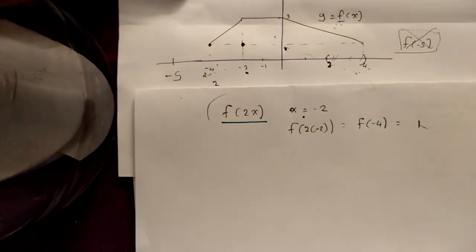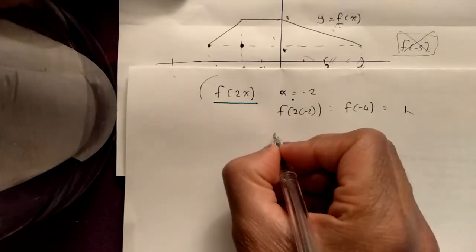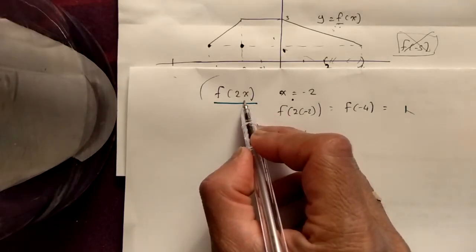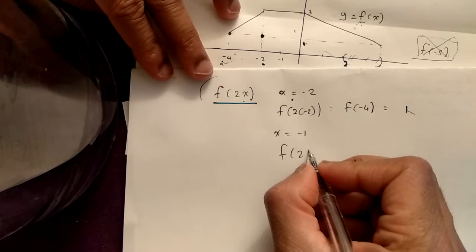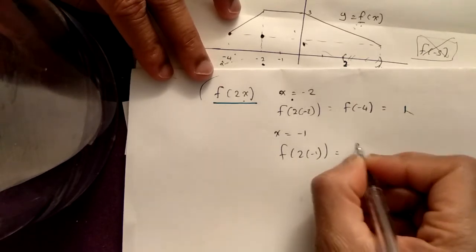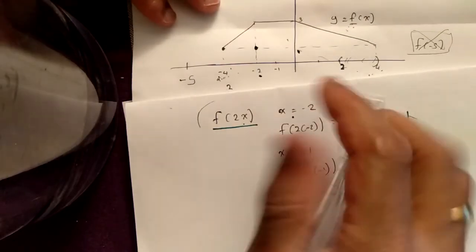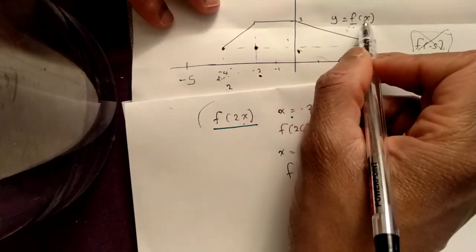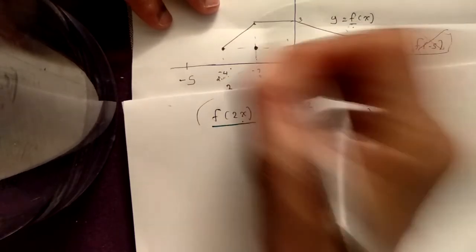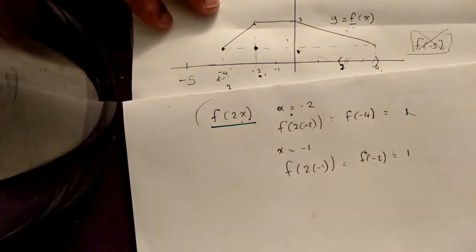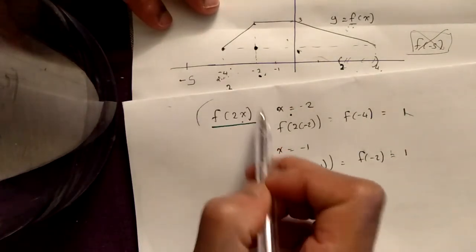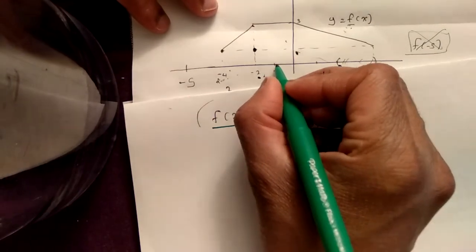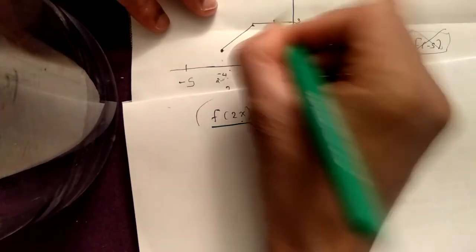And how about -1? When x is equal to -1, f of 2x, now I am substituting x equals -1 into this one, so it will be 2 times -1, which is f(-2). And by reading the original curve, f at -2 will be equal to 1. In other words, the value of this one at -1 will be equal to 1. So at -1 it will be 1.